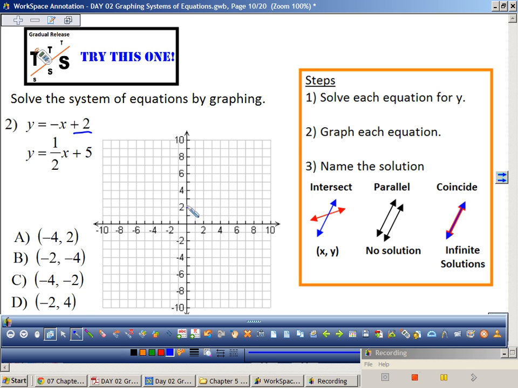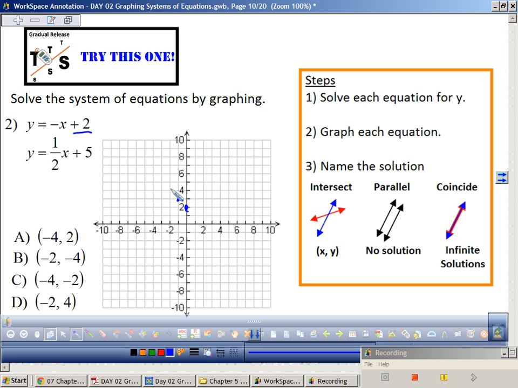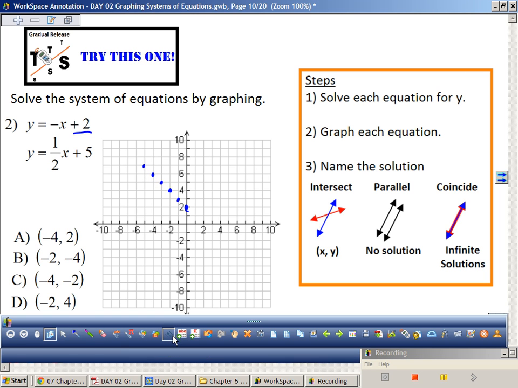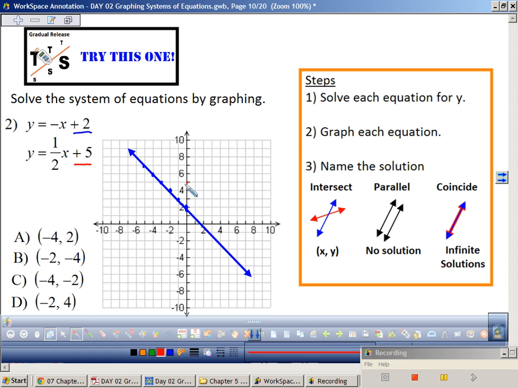Start at 2, and I have to go up 1 and to the left 1. Parent graph, right? Parent graph only translated up 2 and a negative 1. So there's my first one. I'm not understanding why we got the wrong answer on the other one. So here's 5. And then up 1 over 2.